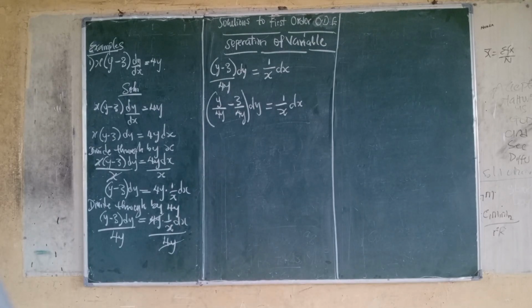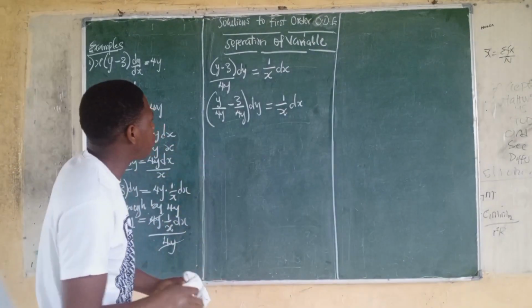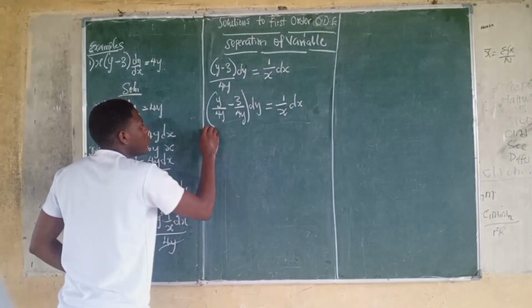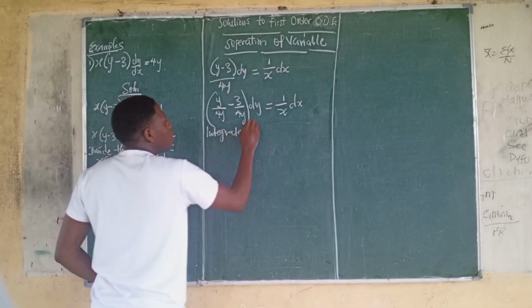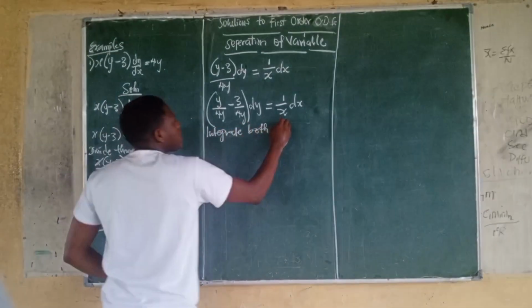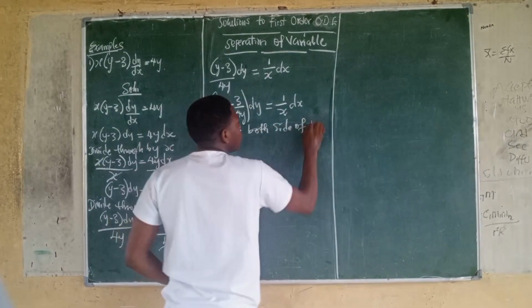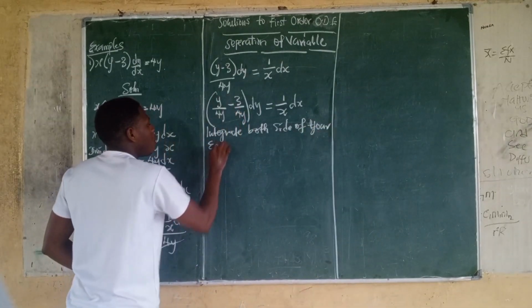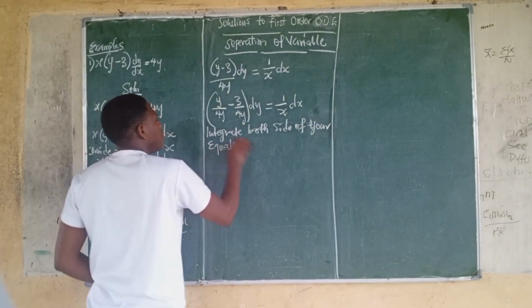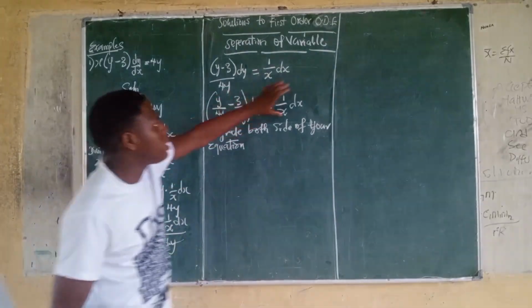What's the next thing? The next thing is to integrate both sides of your equation. Now, if you do that, we are integrating this and we are integrating this.